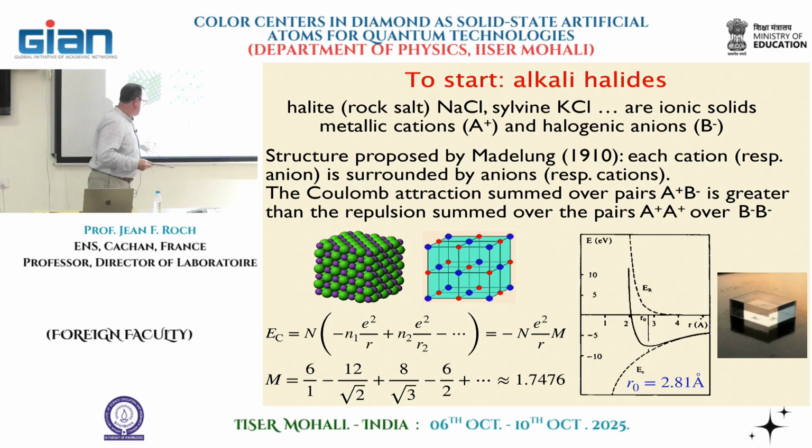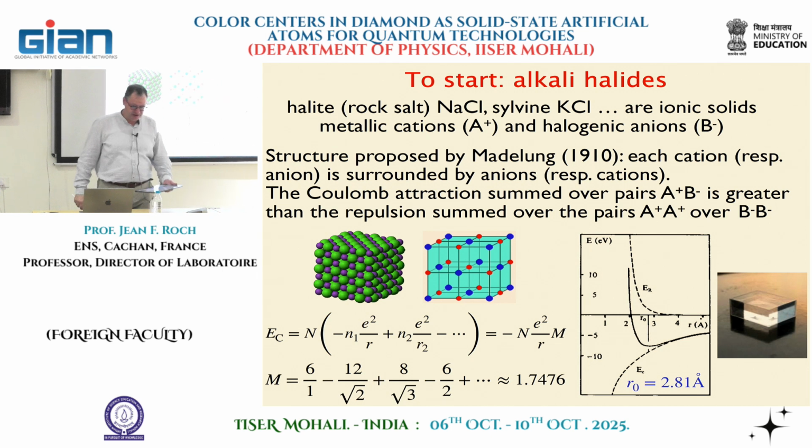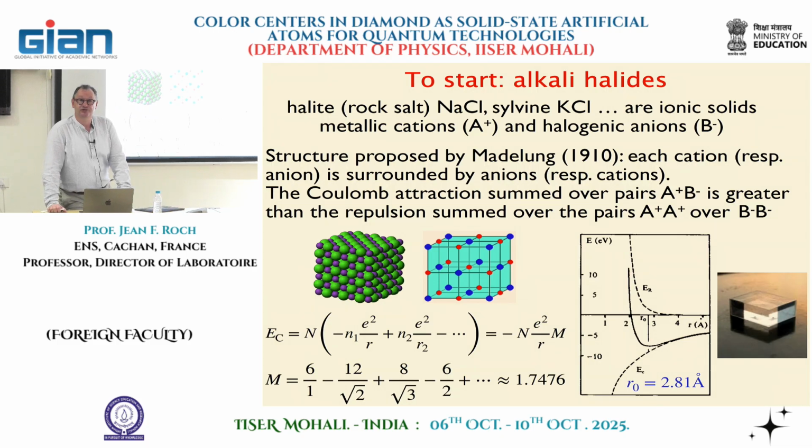And at the end, this series doesn't diverge and basically sets a minimum to the value. So basically, you have the structures that can appear, and you can determine the structure of the crystal. Okay.